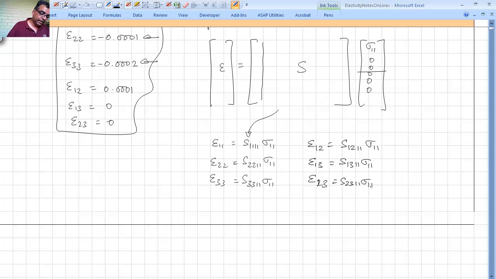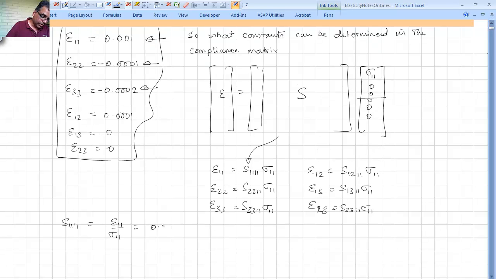So it's pretty easy to find because S1111 equals epsilon 11 over sigma 11, which turns out to be 0.001 divided by 20 megapascals. This is 1 over E11.